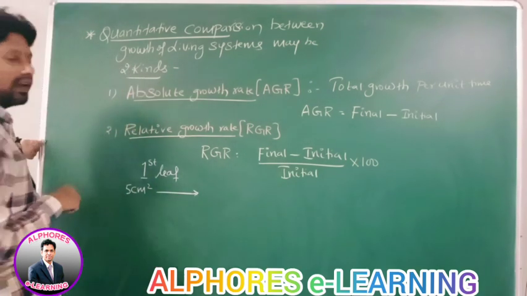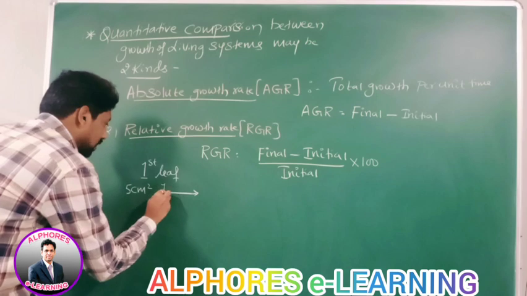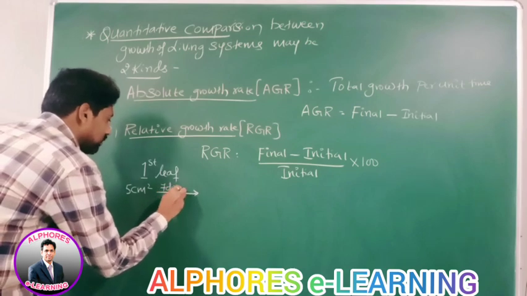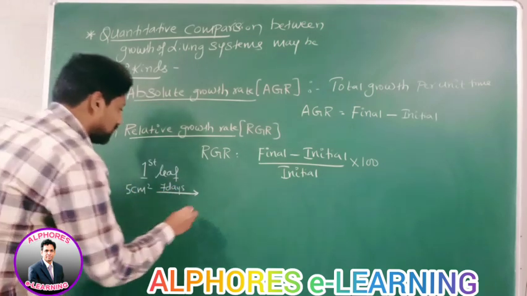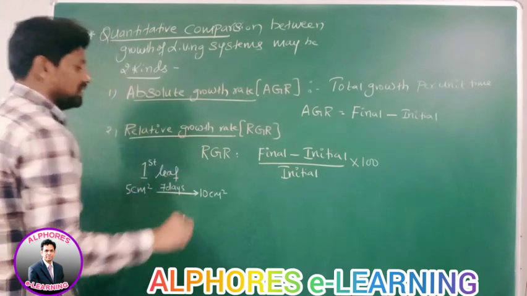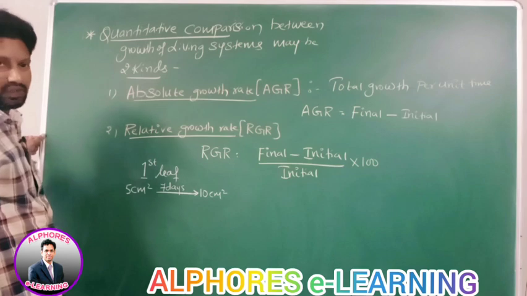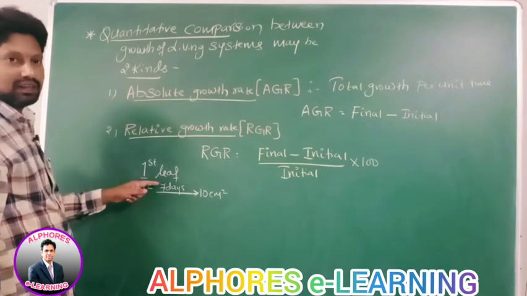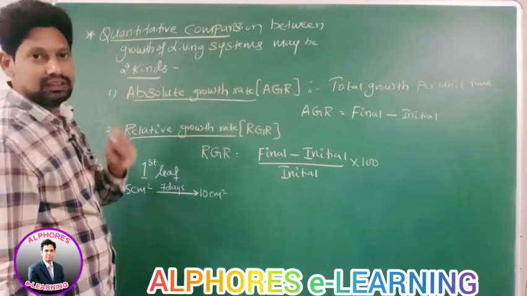After a duration of 7 days, this 5 centimeter square has become 10 centimeter square. It means 1 week. Is it okay?